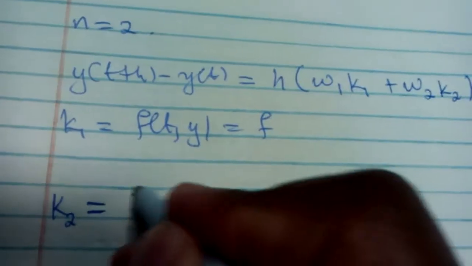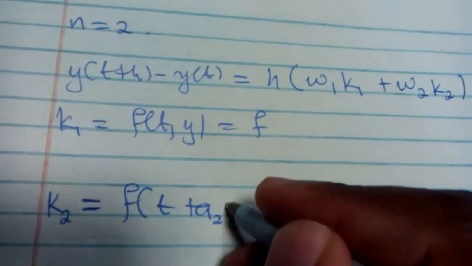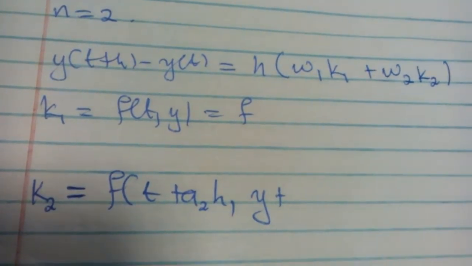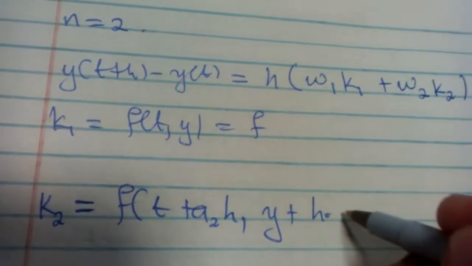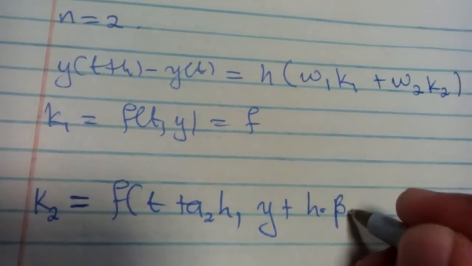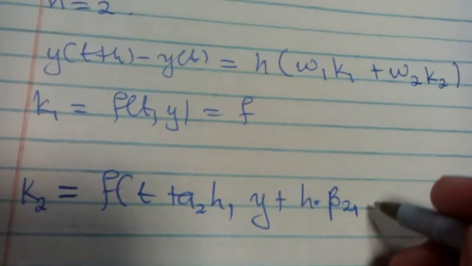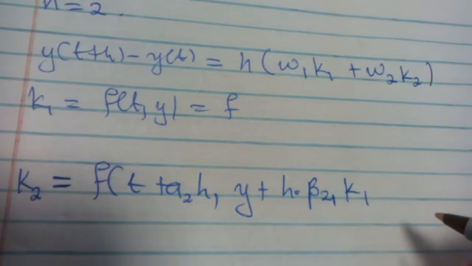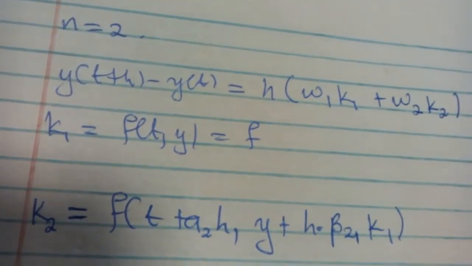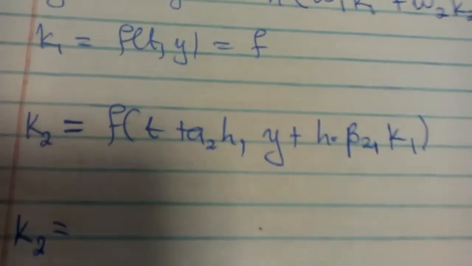So this is f(t plus a2 h, y plus h times beta 21 by k1). But k1 is nothing but f. Right, so that k2, I need to expand this in Taylor series.